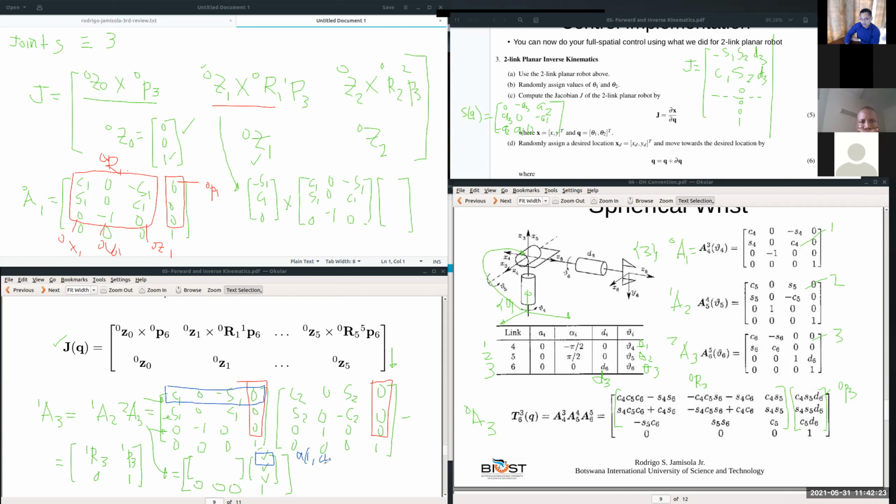That means first row and fourth column. So first row multiplied by fourth column: C1 times 0 plus 0 times 0, minus S1 times 0 plus 0 times 1. So this one is 0.